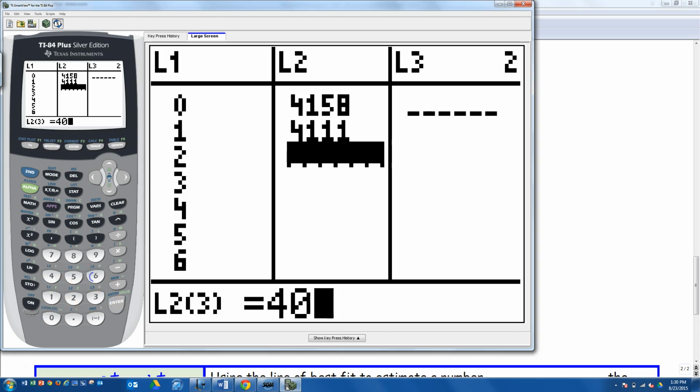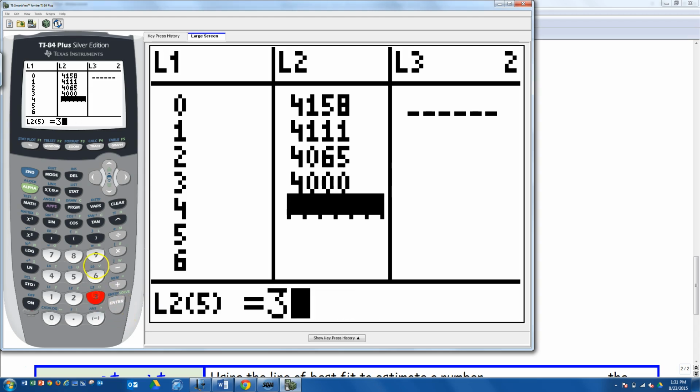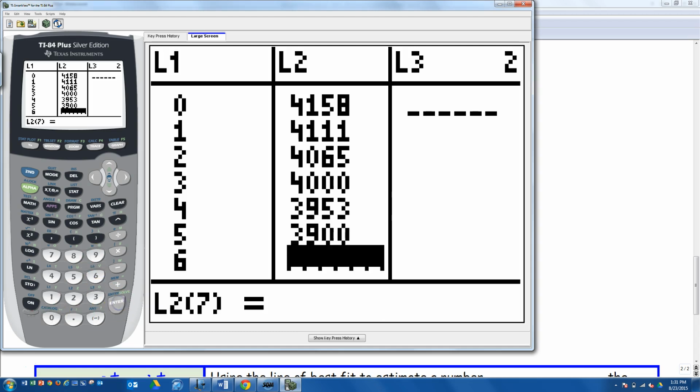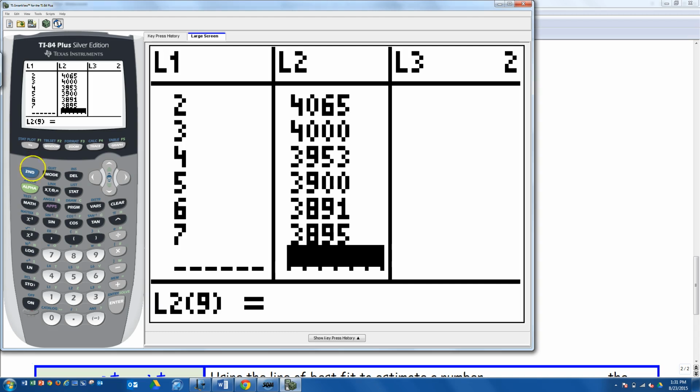So 4065, 4000, 3953, 39, 3891, and finally 3895. It should match. Hopefully you don't type anything wrong in. That could be where your problems sometimes show up. So now we have all the data in.